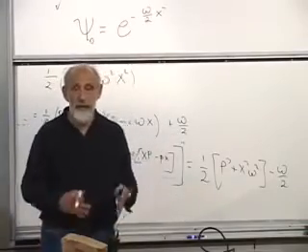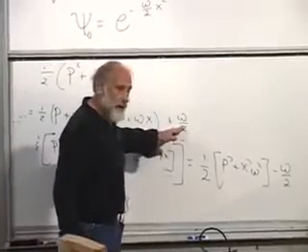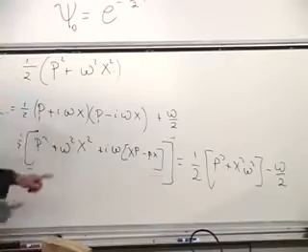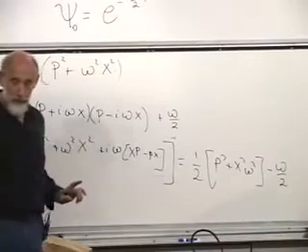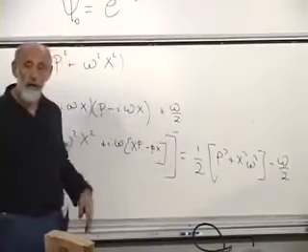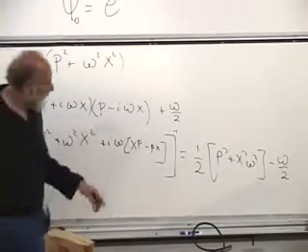It adds into every eigenvalue omega over 2, but if we can find the eigenvalues of p plus I omega times p minus I omega, that's good enough because we just add to every eigenvalue omega over 2. In other words, this here is just a number. It's not an interesting operator.